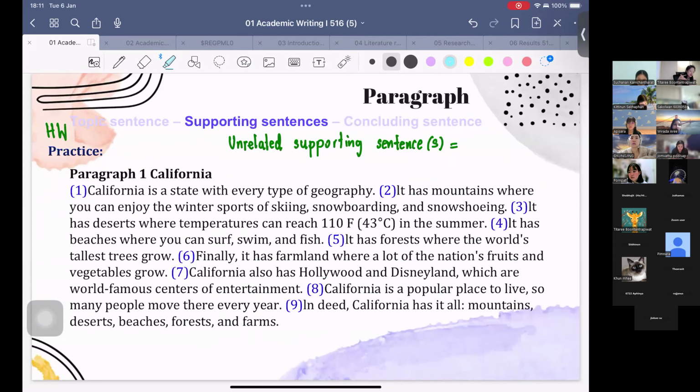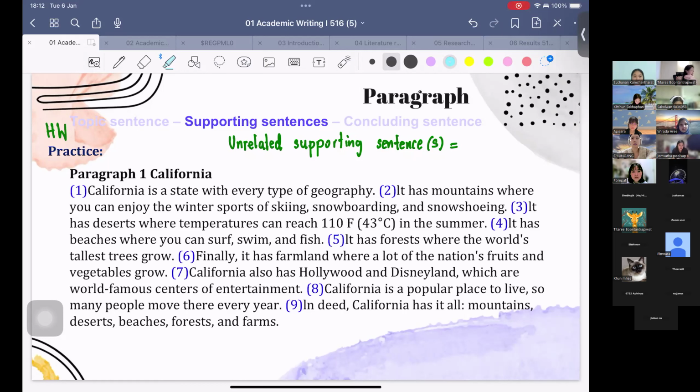And moving on to this one, identify the unrelated sentence. So under this one, let's take 2 minutes. Hope everybody gets to do it. Okay, let's maybe take 3. Let's type your answer, because we have a lot.